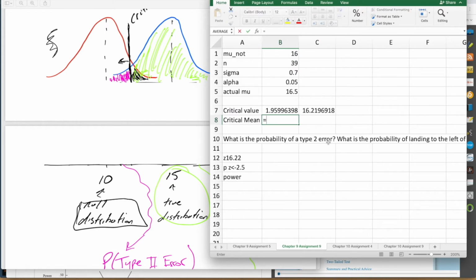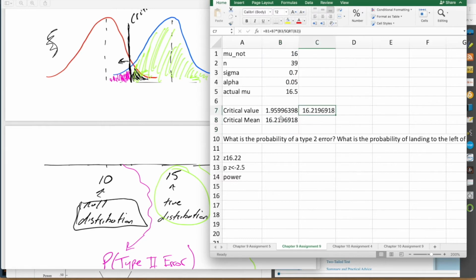Another way to do that would be to do norm dot inverse, probability 0.975, because I just want 2.5% in that upper tail. Mean is 16 now. Standard deviation is sigma divided by the square root of 39.